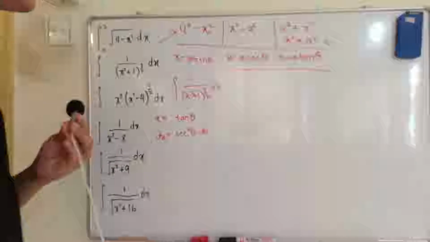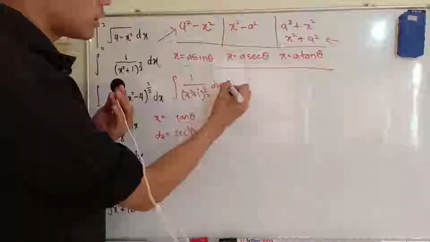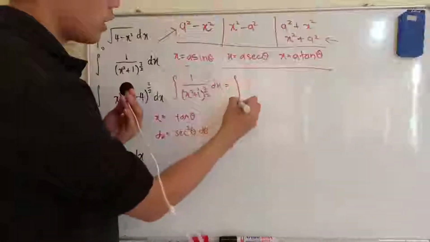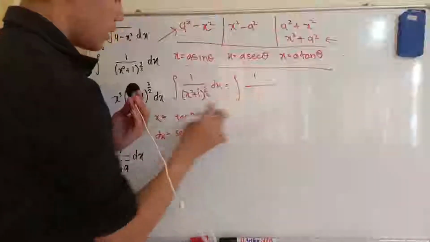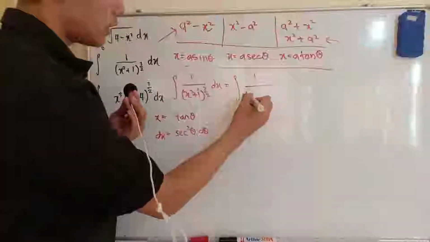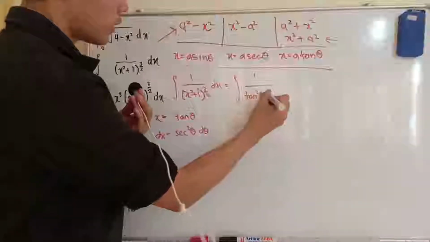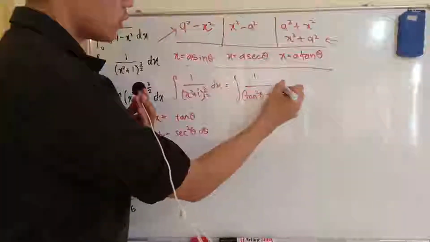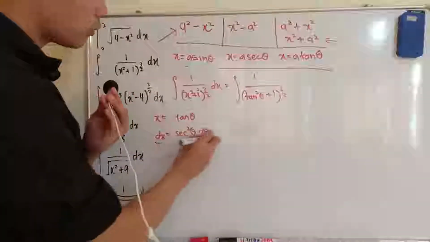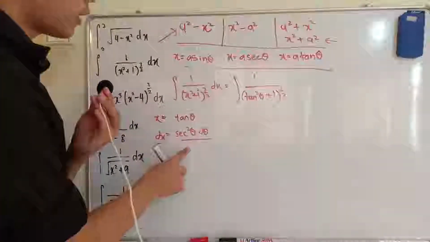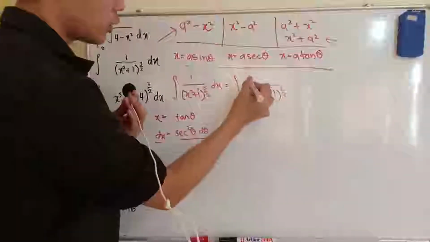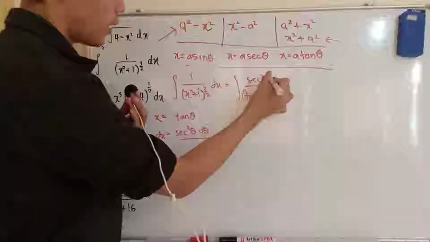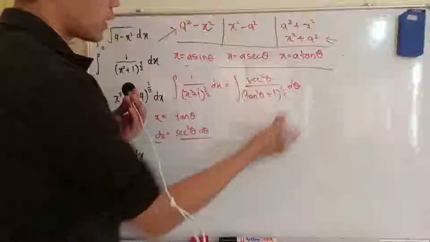After that, you're just going to substitute in. So 1 over s squared plus 1 is going to be tangent square theta plus 1, to the power 3 over 2. Your ds right now is going to be secant square theta d theta.